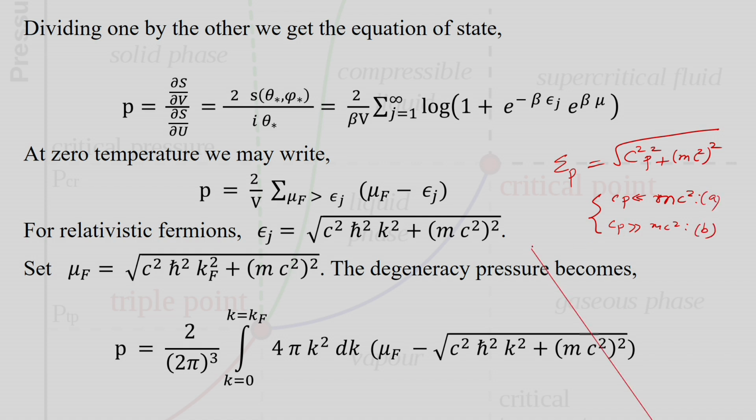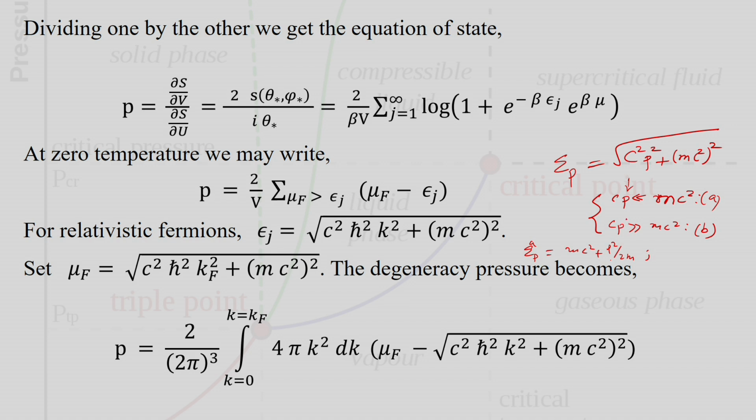So the energy in the A case is going to be mc squared plus p squared by 2m. In other words, this is the non-relativistic limit, where the momentum is small compared to mc. So in the non-relativistic limit, the energy is mc squared plus the non-relativistic correction, which is p squared by 2m.